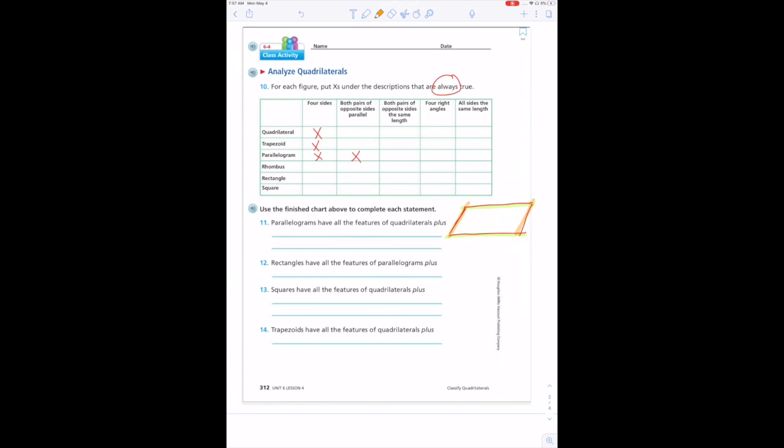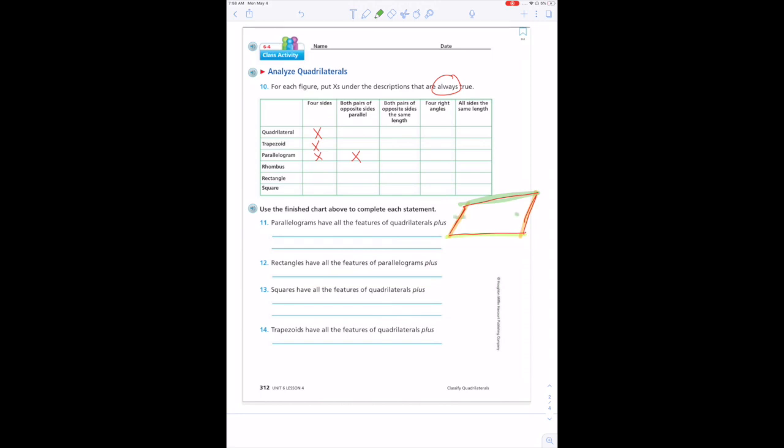Because if one was a little bit longer, let's take this one out, and let's take this one out. If this orange side was longer than this one, then when I made this line, the green lines would not be parallel anymore. Do you see that?